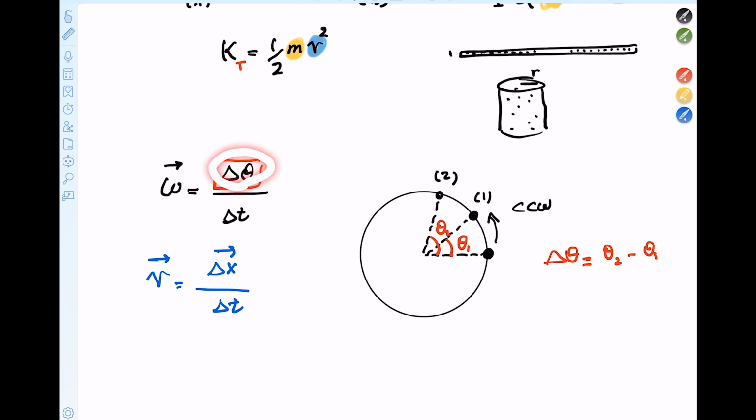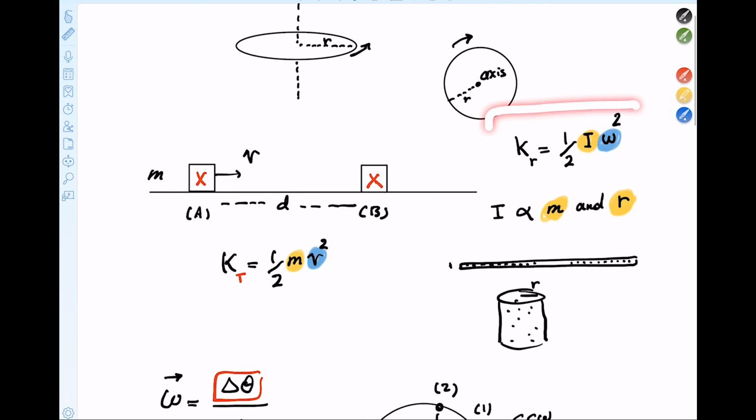We have angular displacement, delta theta, going from 1 to 2, divided by delta t. So back to our rotational kinetic energy, it is half I omega squared, half times moment of inertia times omega, the angular velocity, squared.